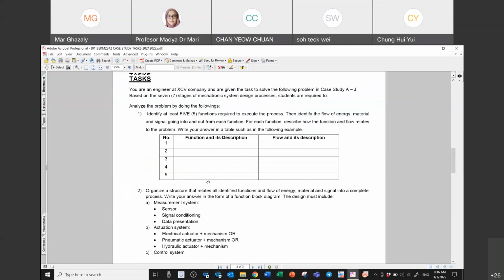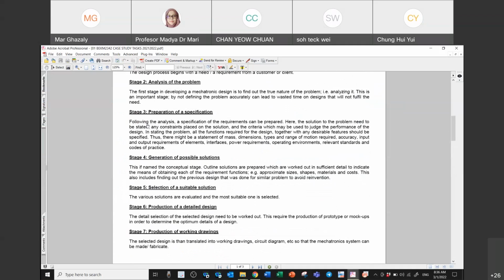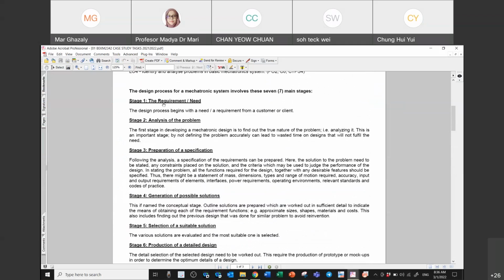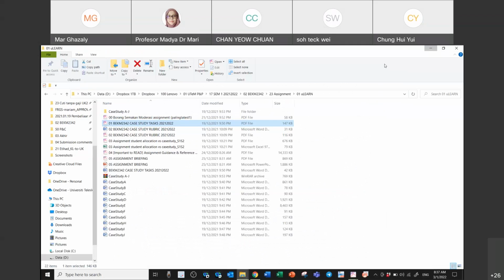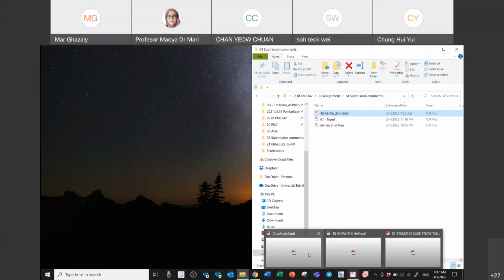If you see in the assignment, the first one is stage 1, design the process and the requirements for the customer or client. So based on this question, go to the case study question.